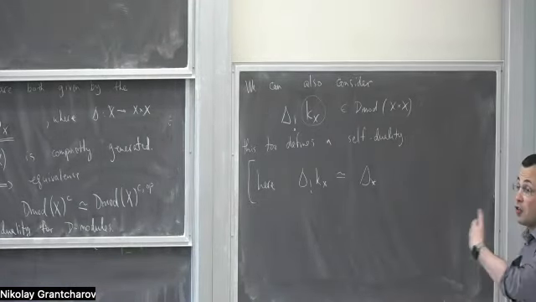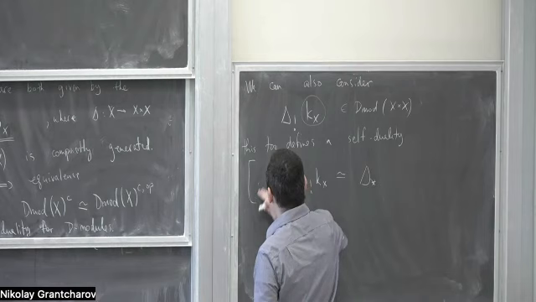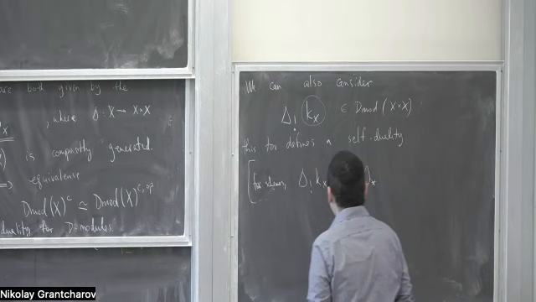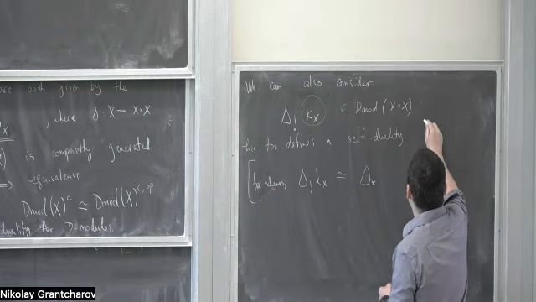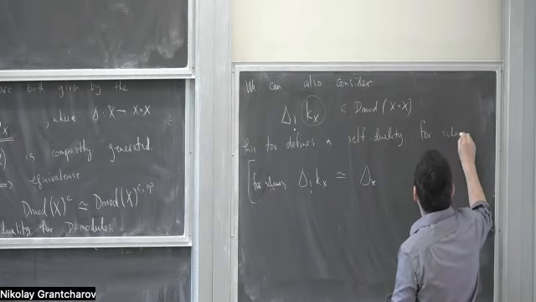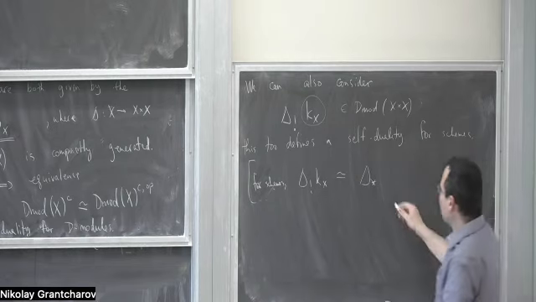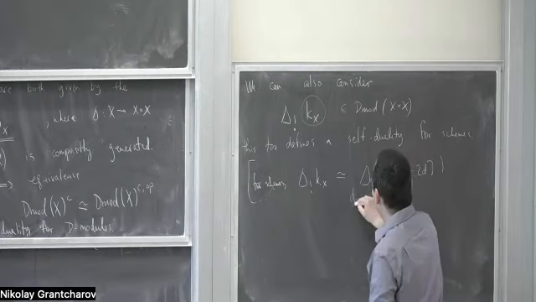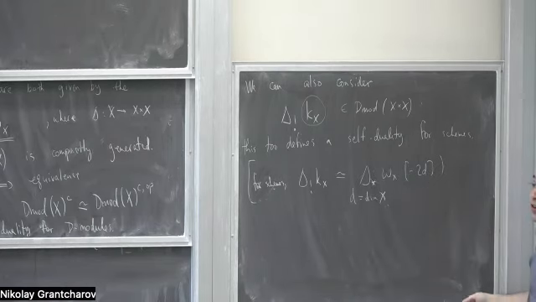For holonomic D-modules, you always have the shriek pushforward. But in general this is not true for stacks. For schemes, this is the same as the other guy shifted by minus 2d, where d is the dimension of X. Everything is the same up to a shift, so it's fine.